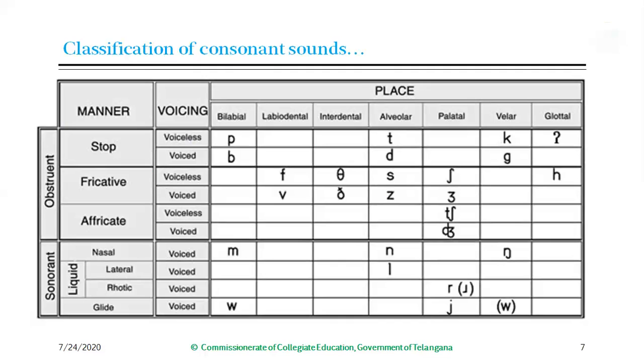Plosives, fricatives, and affricates are parts of obstruent sounds. And nasal sounds mostly are sonorants.